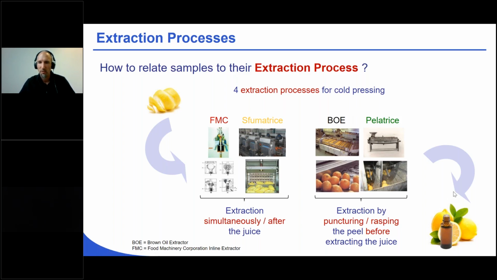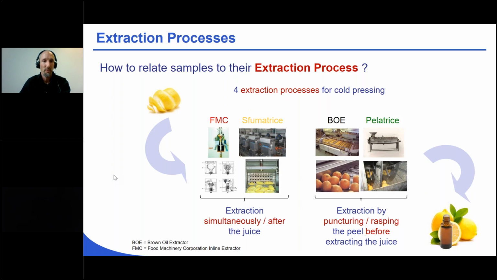These processes were characterized by different ways of extracting the oil that can be done simultaneously or after extracting the juice, or by the rasping of the peel of the fruits before the extraction of the juice. So again, these different processes may lead to different organoleptic properties and chemical composition, of course.